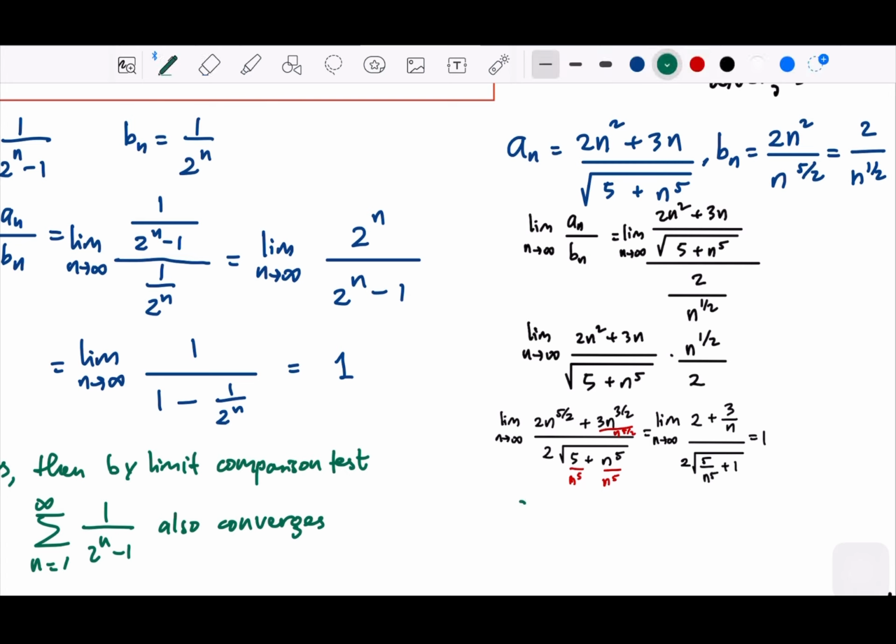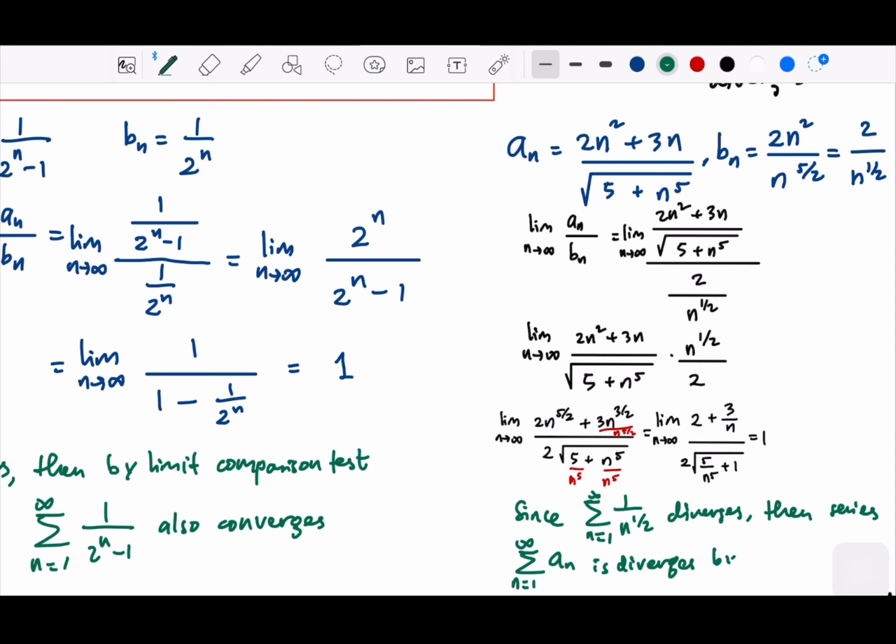So since we know that this diverges, then the series a_n, the same a_n as at the beginning, diverges by the limit comparison test.